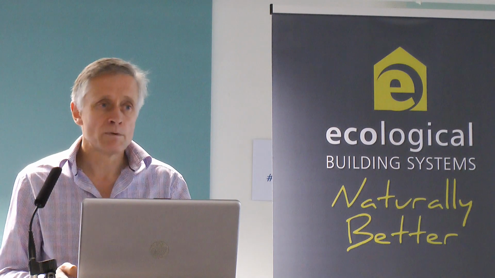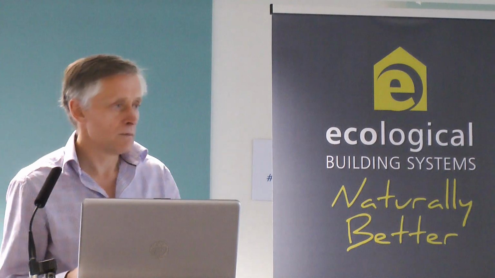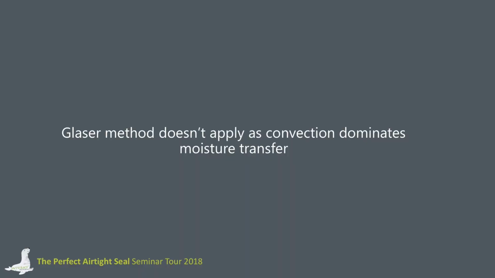In this type of construction, we can't use the BS 5250 method, which is also called the Glaser method, which is a simple one-dimensional diffusion-only model, which is fine in some circumstances, but not when the mechanism of moisture transfer is not really diffusion, it's about convection, gaps and cracks.